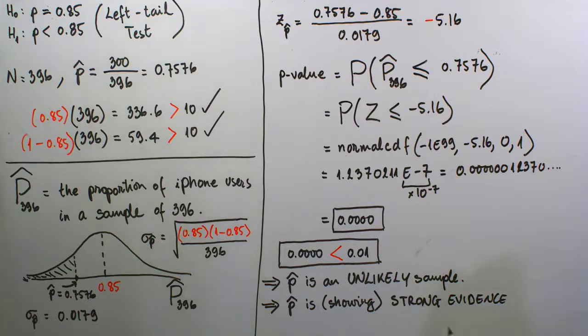And strong evidence here for us to either reject H sub 0, or in another way of saying we have strong evidence to support H1. And that's ultimately what strong evidence is for.